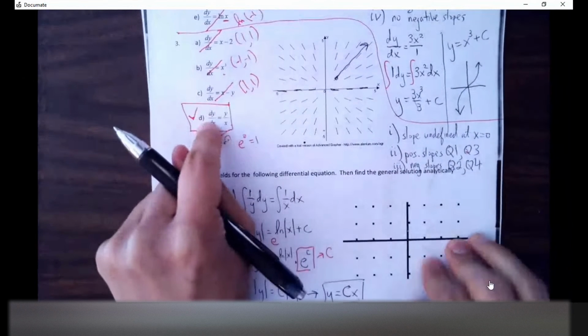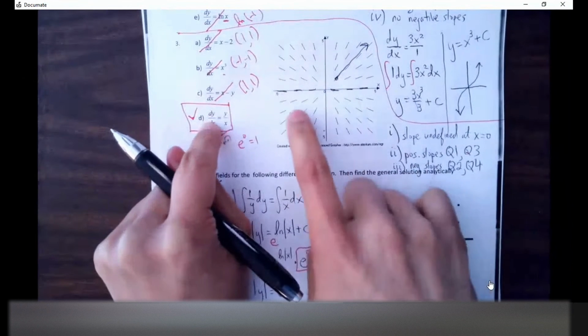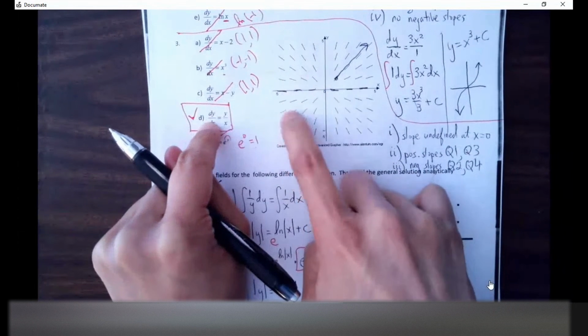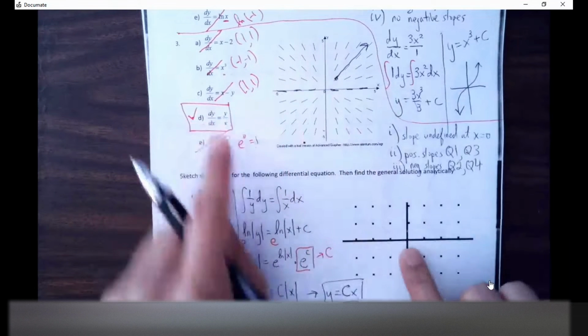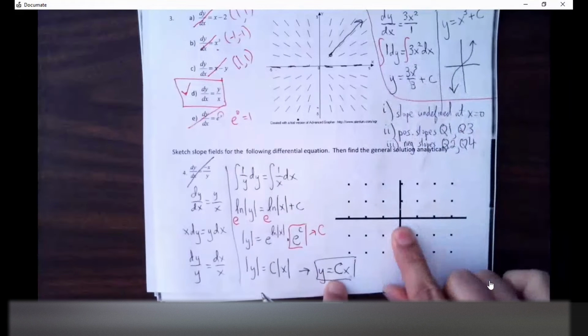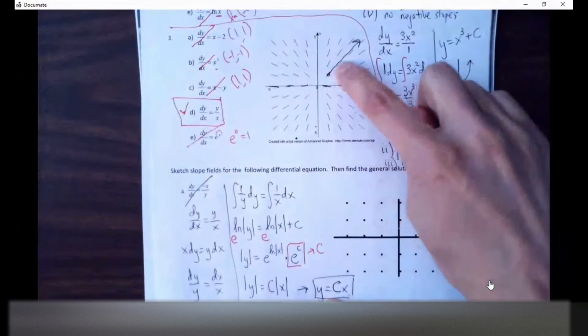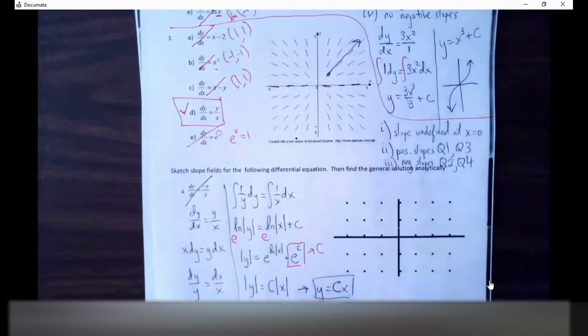So again, a derivative differential equation is going to match at the individual slope segment level. And then the solution, once we find the antiderivative, is going to match with the overall shape and flow of the graph.